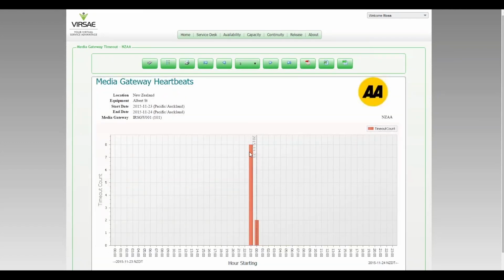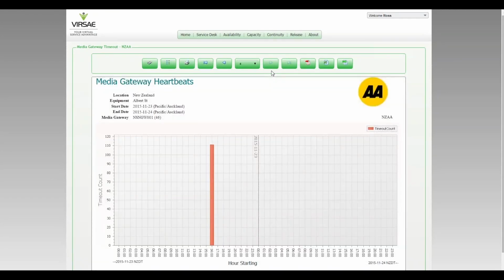Again, 11 o'clock to midnight for media gateway 101, and media gateway 46 a little bit earlier in the evening, around 4 PM. So we're seeing media gateways, particularly this one here, getting a lot of H248 timeout messages around the time of the outage that the customer reported.